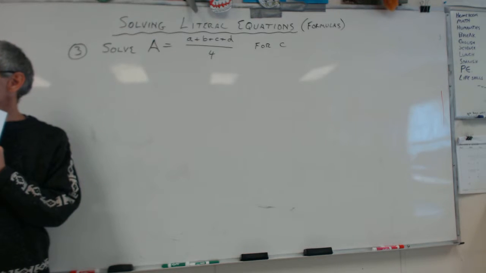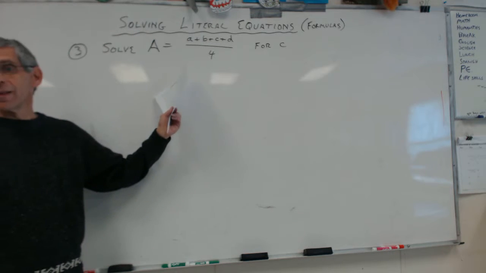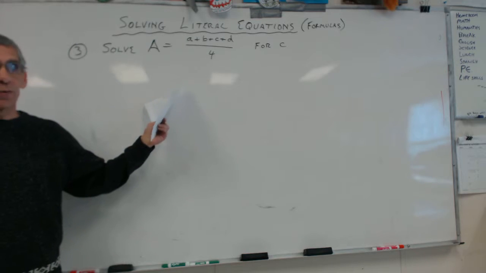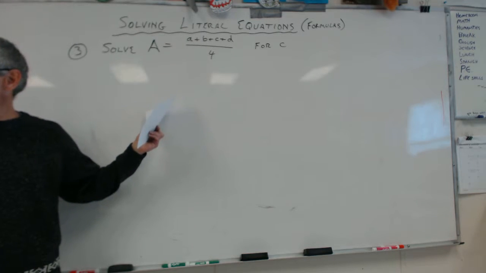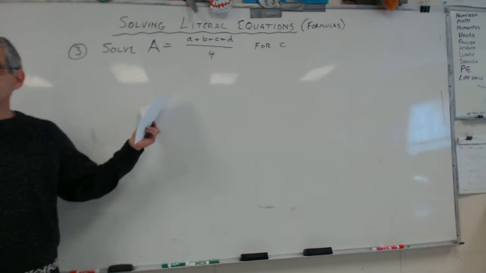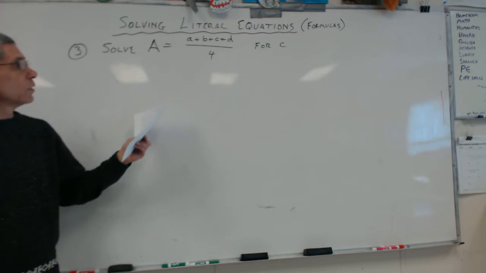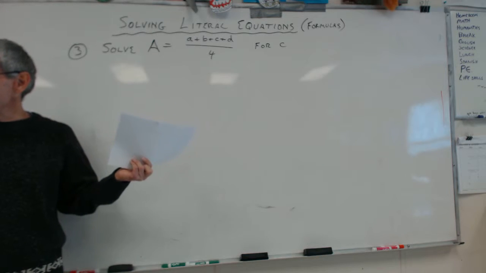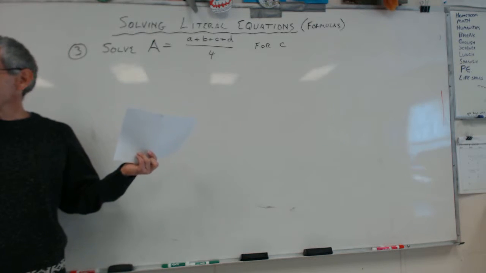Bella immediately noticed the fraction is the problem, isn't it? If I get rid of the fraction, it's going to be way easier to solve for c. How do you get rid of a fraction? You multiply by the denominator.